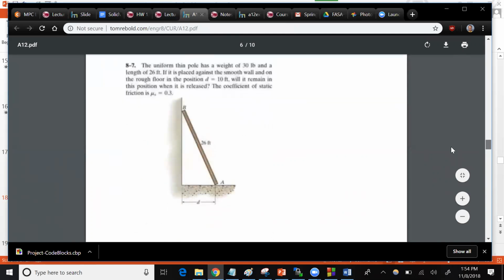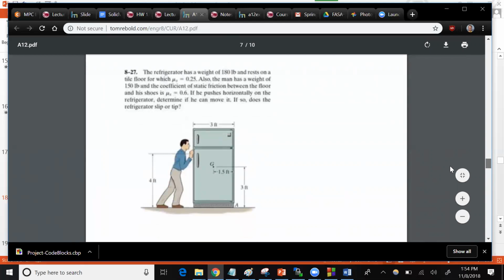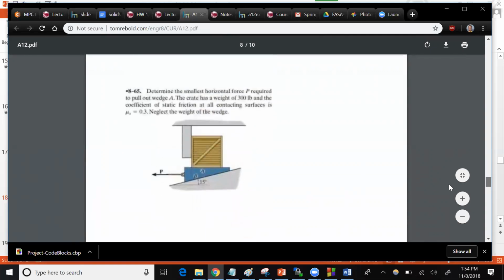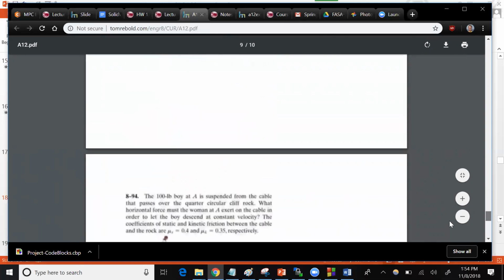This one, well, that's not too hard. This one's a system because you're factoring in not only the fridge, but also the man, because he has friction between his shoes and the floor, and then you've got a wedge problem. I think it'd be good to tackle some of these in class together, because they're a little more involved.